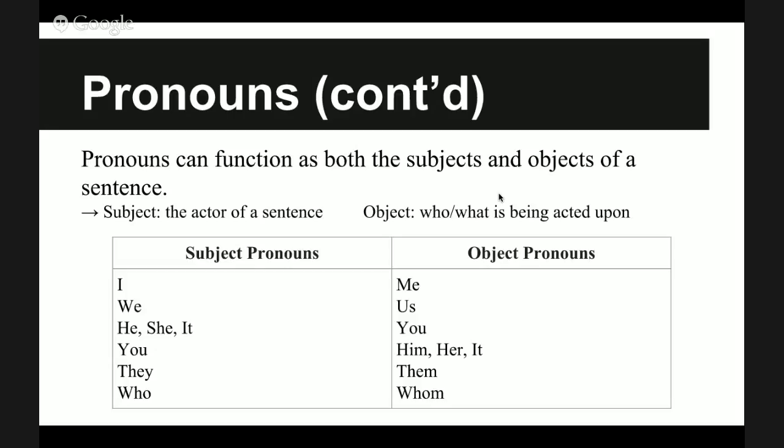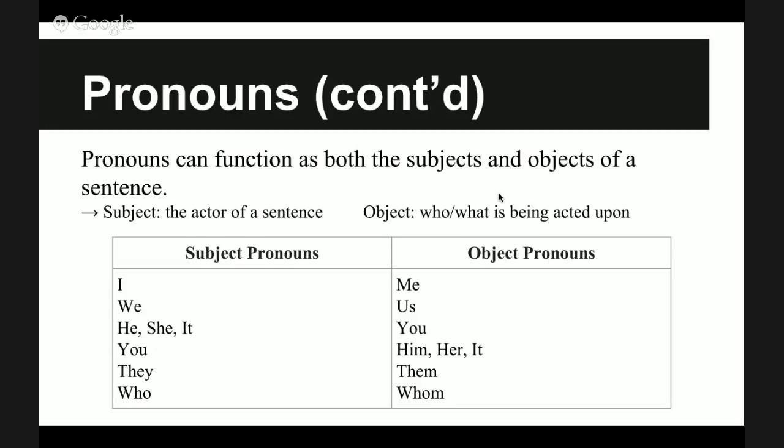You'll probably notice that there is a little bit of crossover between the two columns. You, for example, can function as both a subject and an object of a sentence, depending on the context of that sentence. And the same for the gender neutral third person, it. But you'll notice the other object pronouns can only function as objects and never as the subject.